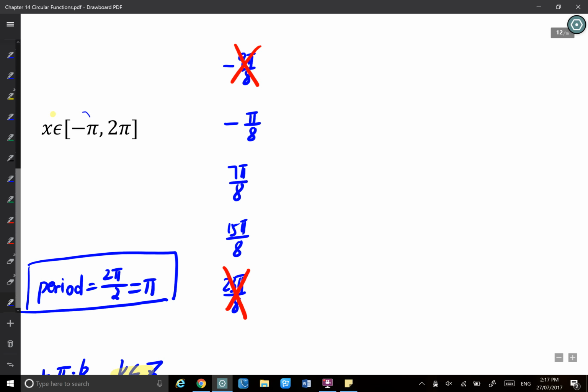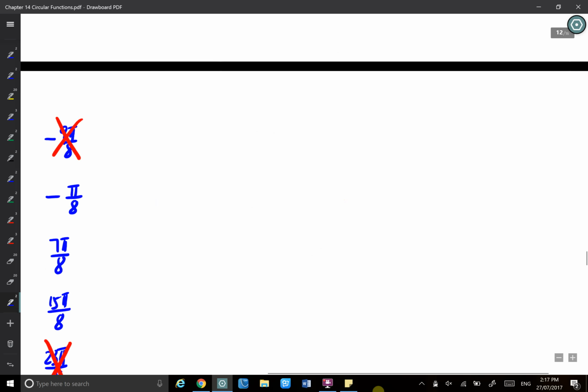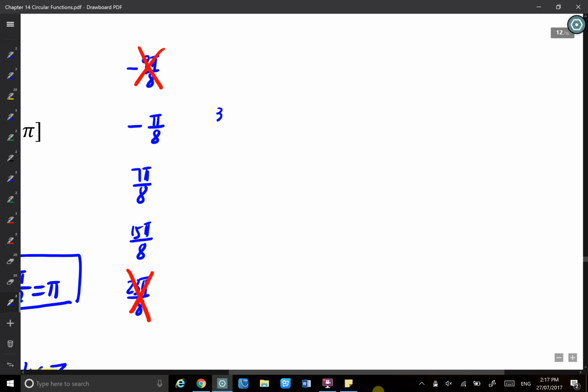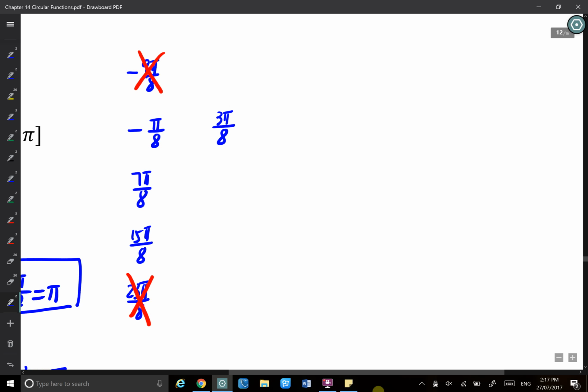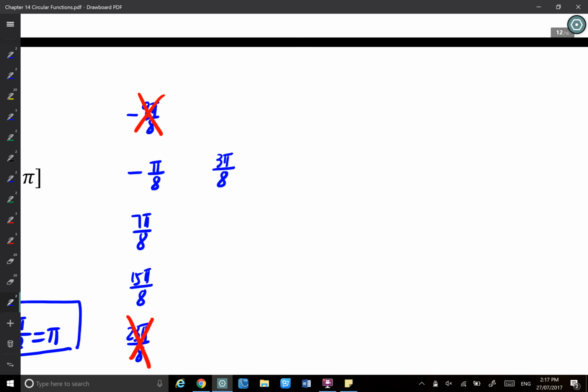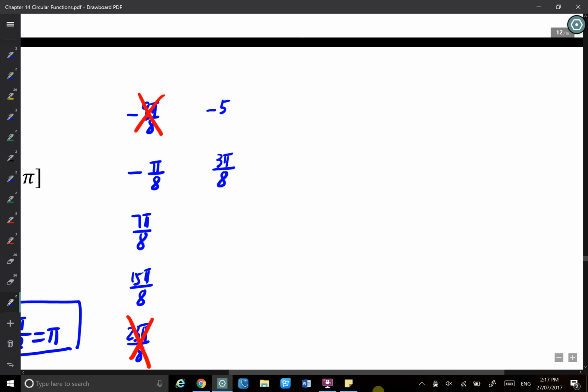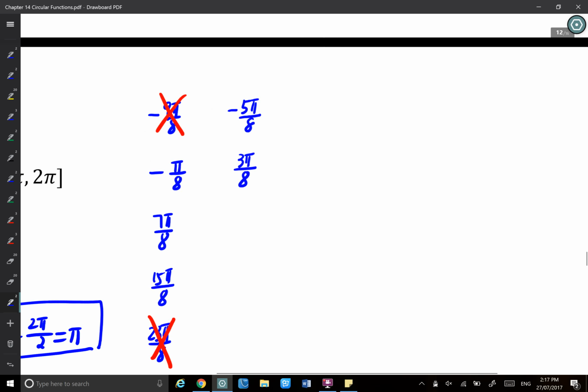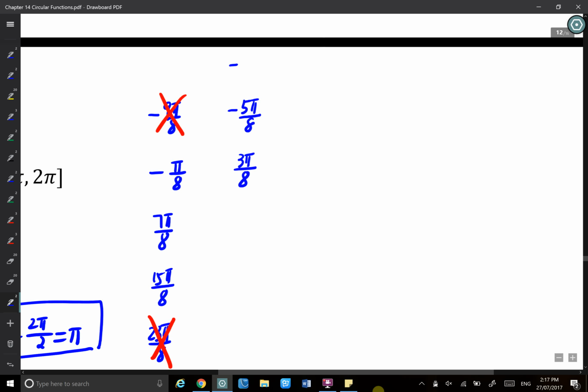But I need to check 3 pi on 8 as well. How about I subtract pi? Negative 5 pi on 8. Is that within the domain? Yes. How about subtracting another one? You can't. It's negative 13 pi on 8, which is outside.